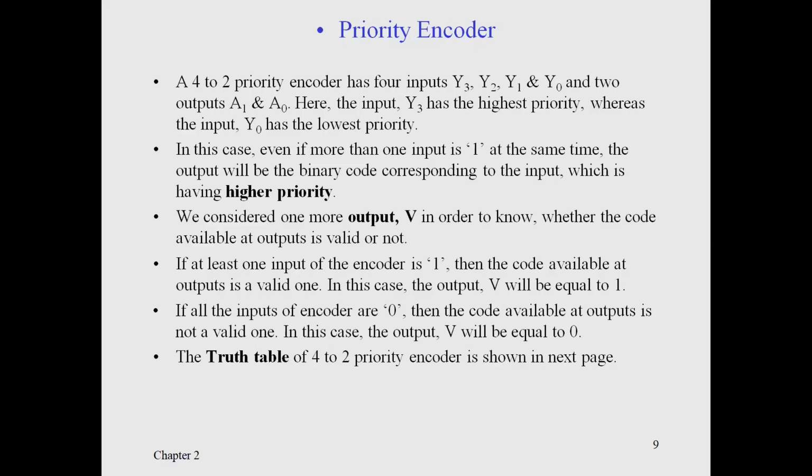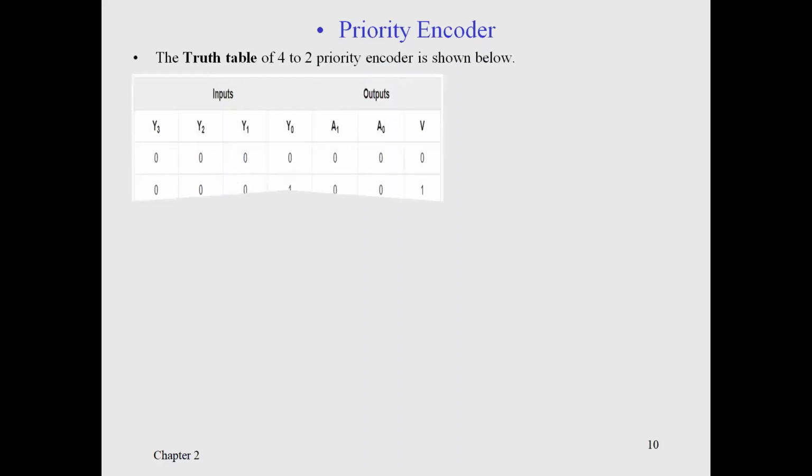The truth table of the 4 to 2 priority encoder is shown below. As you can see here, this is the truth table. So Y3, Y2, Y1, Y0 are the 4 inputs, and 4 to 2 means there are 2 outputs, A1 and A0, and this is the signal bit V. So as you can see here, when all are 0, V is 0. When Y0 is 1, 0 is fetched.